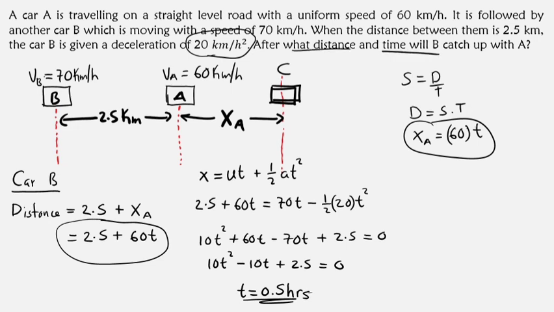Now let's answer the distance. After what distance and time will B catch up with A? The distance for B, meaning starting from where car B is all the way up to C. I already have the expression for this distance: 2.5 plus 60t. t is half, and half of 60 is 30. 30 plus 2.5 is 32.5, not meters but kilometers.